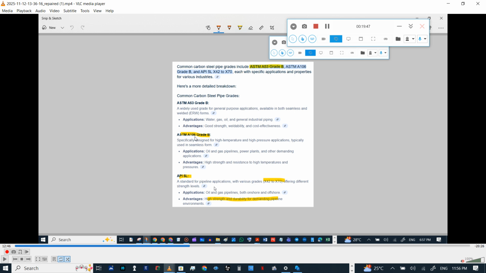But the ASTM A106 grade is specified for higher temperature, higher pressure applications, usually in a seamless form. Applications are oil and gas, power plant and other demanding uses; the advantage is higher strength and resistance to high temperature and pressure. API 5L is the standard for pipeline applications, with various grades from X42 to X70, and applications are high strength and durability for demanding pipeline environments. So all these codes are material codes.